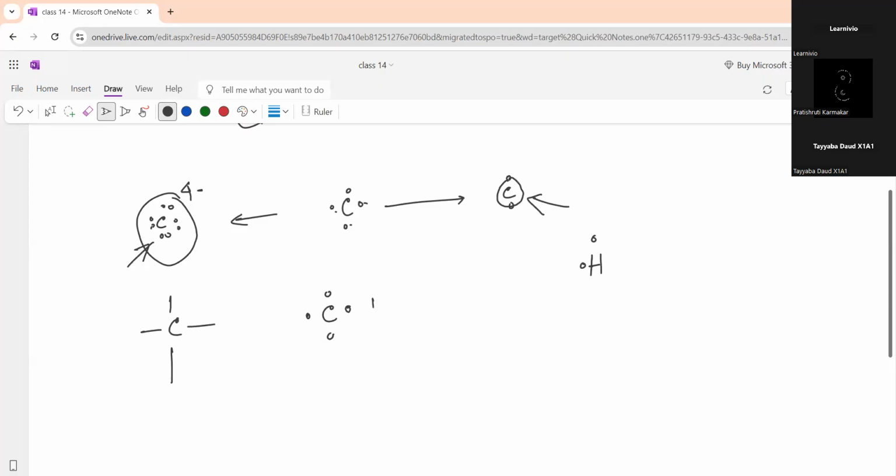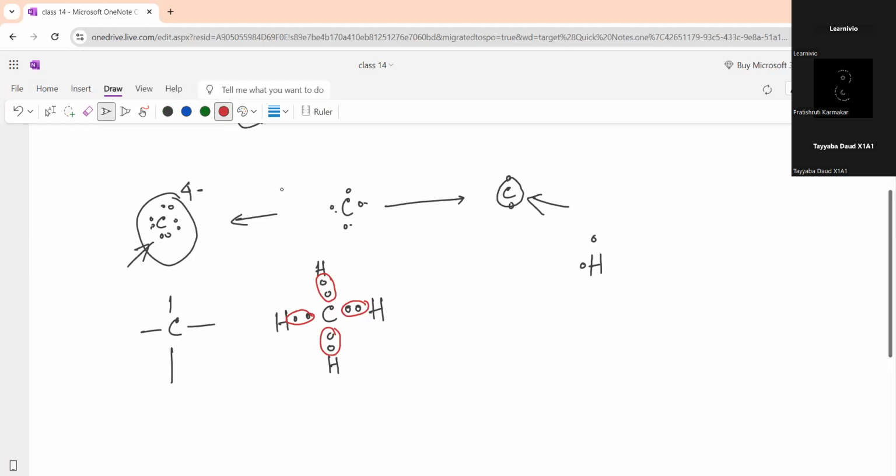So let's say we take 4 hydrogen, and these hydrogens and this carbon can share electrons, 2 electrons each.